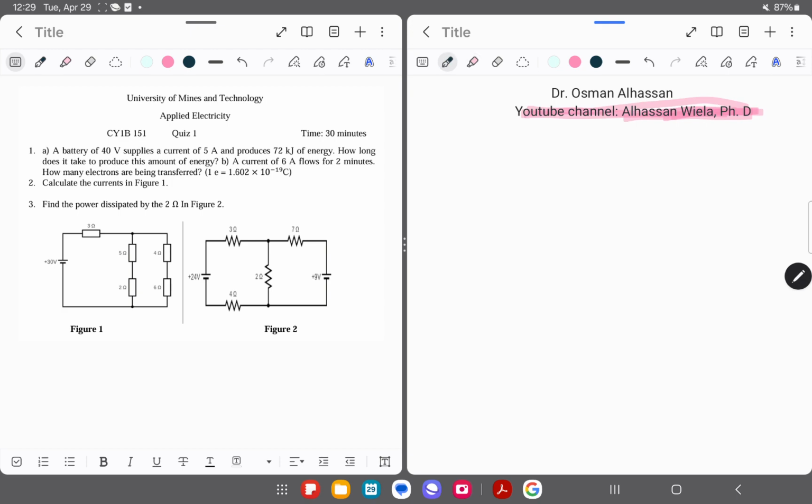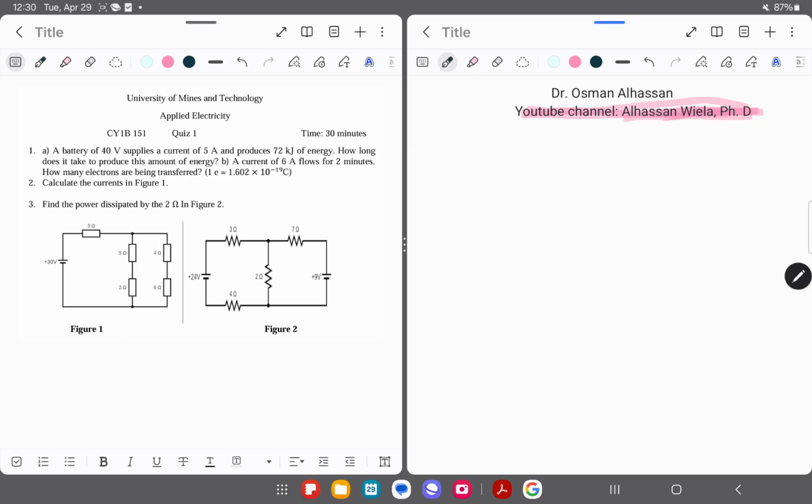Now, so we have quiz 1. We were given 3 questions. We have question 1, 2, and 3. For question 1, you have been asked to find time, and 1B talks about finding the number of electrons.